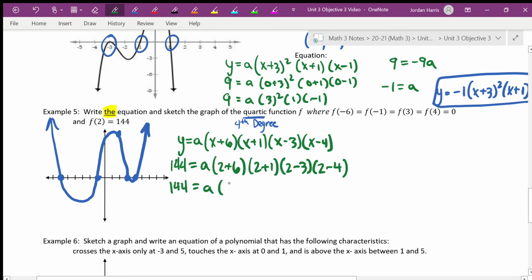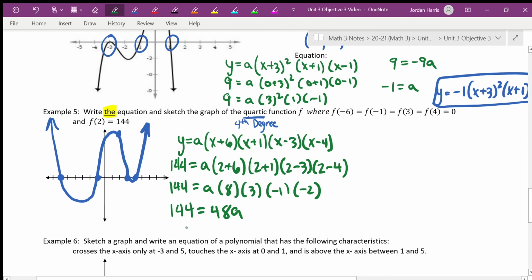So it's 8 times 3 times negative 1 times negative 2. You might have to do some math on your calculator. A negative times a negative makes a positive, so this is going to be positive. 8 times 3 is 24, times 1 is 24, times 2 is 48. 144 equals 48a, so we actually have to divide.